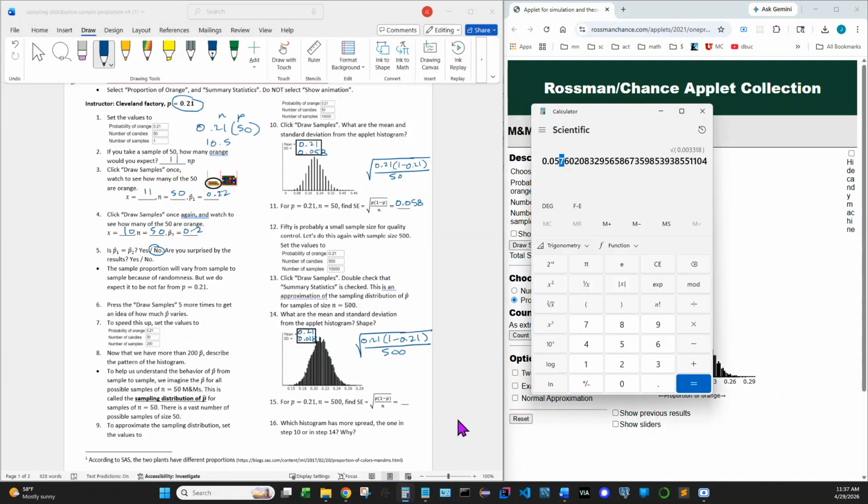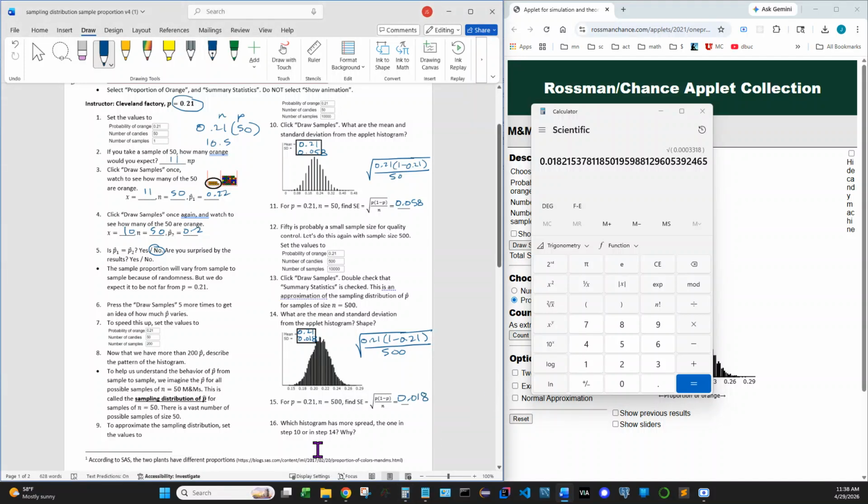So back to the calculator: 1 minus 0.21 times 0.21. We divide that by 500. Take the square root of that. And what do we see to the third decimal place? It agrees exactly with the empirical standard error that we found from the website, 0.018.